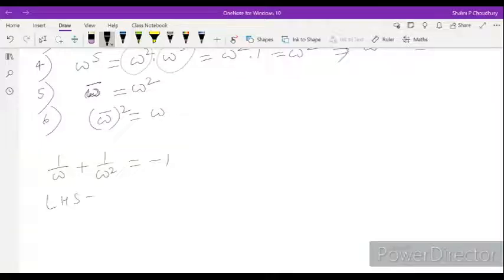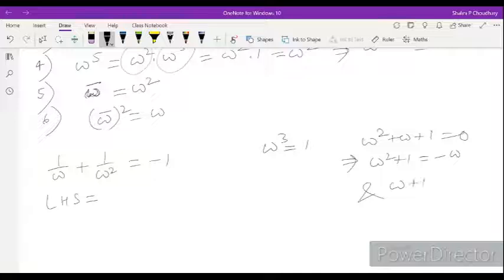LHS is equal to, since we know that omega cube is equal to 1 and omega square plus omega plus 1 is equal to 0, it means omega plus 1 will be equal to minus omega square. Now we will take LHS, that is 1 upon omega plus 1 upon omega square.